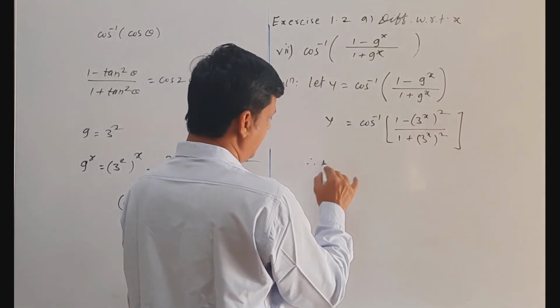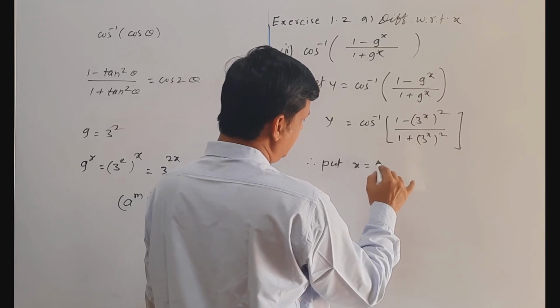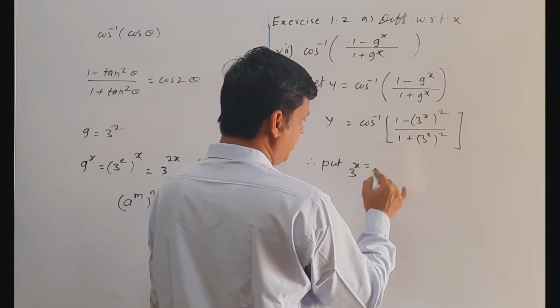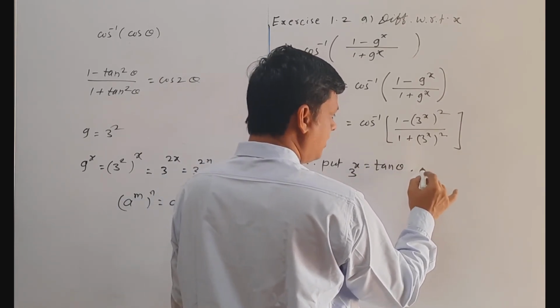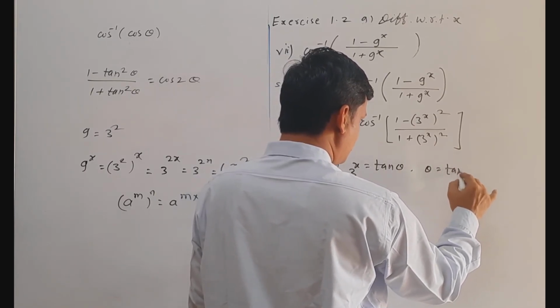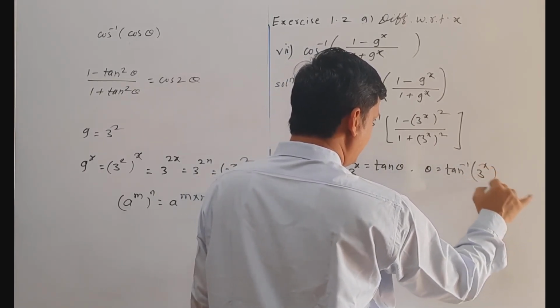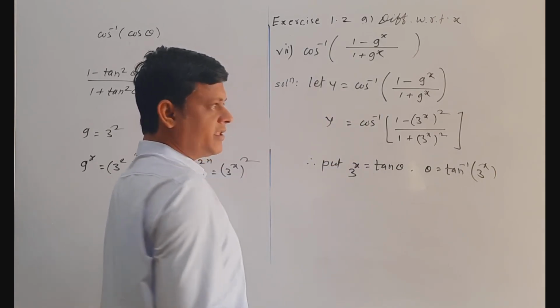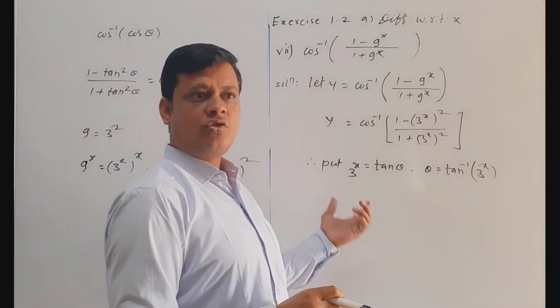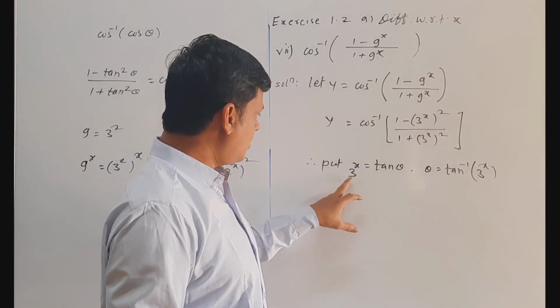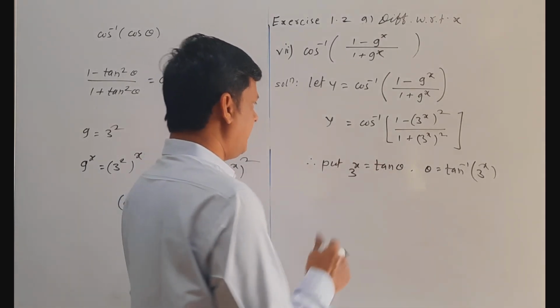So we write here, therefore put 3 raised to the power x equals tan theta. Therefore theta equals tan inverse of 3 raised to the power x. In the previous example we put e raised to the power x. Here we put 3 raised to the power x as tan theta.